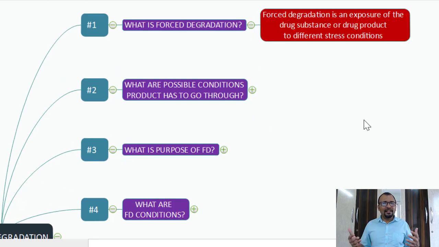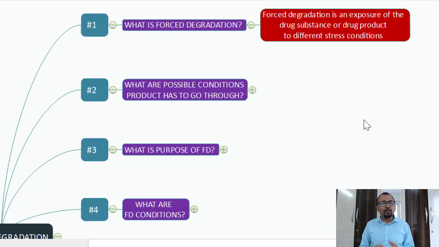So the forced degradation is the exposure of the drug substance or drug product to different, slightly harsher stress conditions. How to decide on these stress conditions is more important, because these stress conditions must have a practical relevance as far as the product shelf life or the storage is concerned.